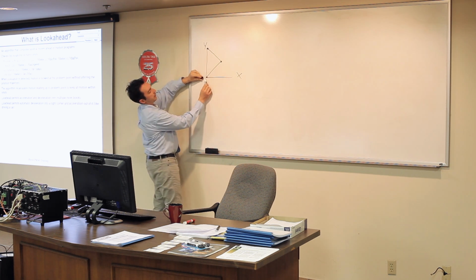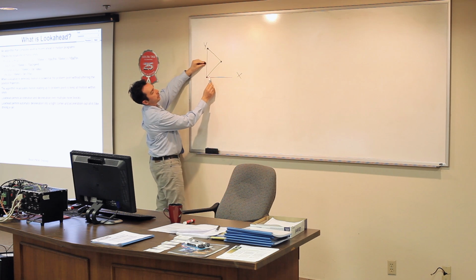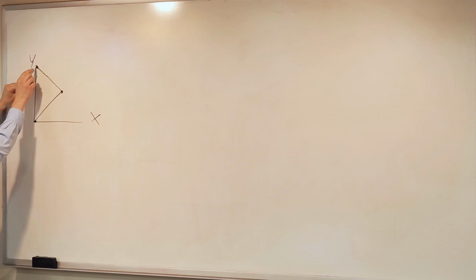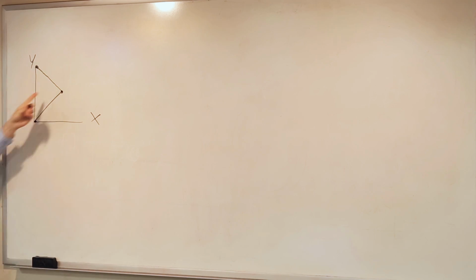So when X is going like this, Y will be slowing down in here to be able to make that point, and then continue, accelerate from that point to come here. So with this algorithm, we will be able to find that point ahead and slow down the Y velocity.